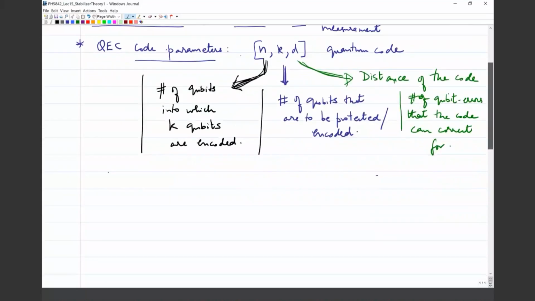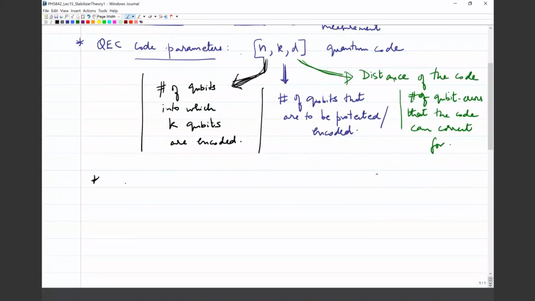If one is talking about qubits or higher dimensional systems, then you usually put a little subscript here where Q denotes the dimension of the single quantum system that you're talking about, right?